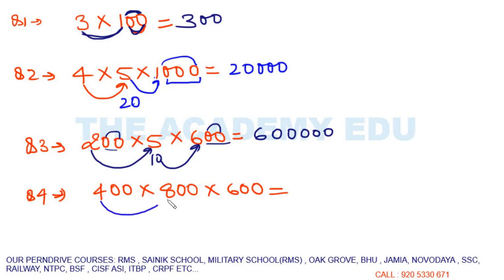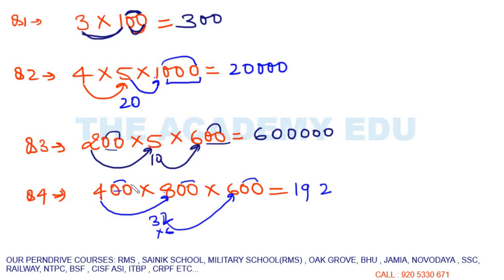Multiply this 4 by 8. Just take the digit. Forget the zeros. Trailing 0. This is called trailing 0. So 4 8s are 32. Now multiply this 32 by 6. This is 32. Multiply 6 here. You will get 6 2s are 12. 1, 6 3s are 18 plus 1, 19.